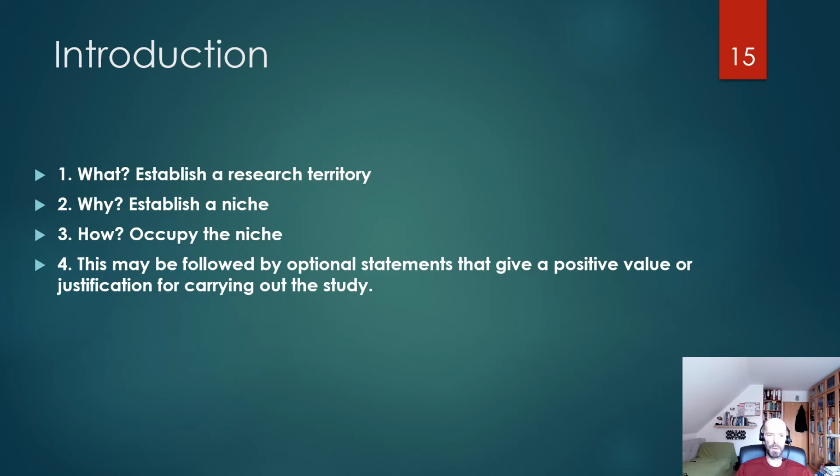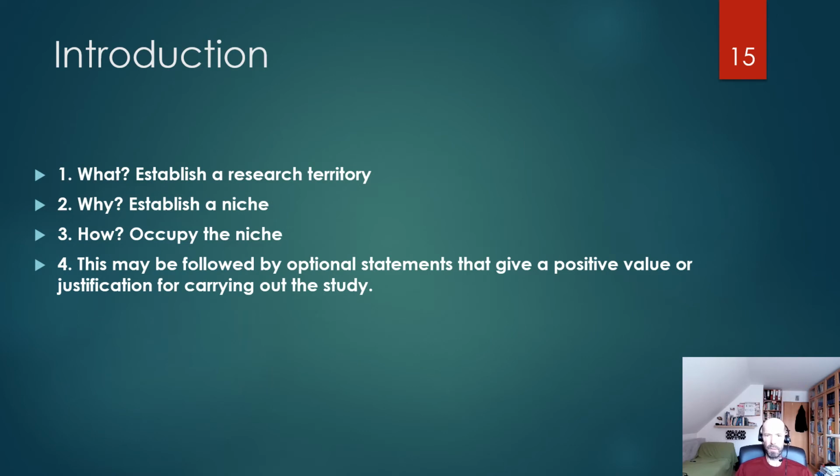The second paragraph is about establishing a niche for yourself. So you pinpoint for your reader the gaps and limitations of all the previous research about your topic. Then you raise a question about it, or you extend previous knowledge in some way.